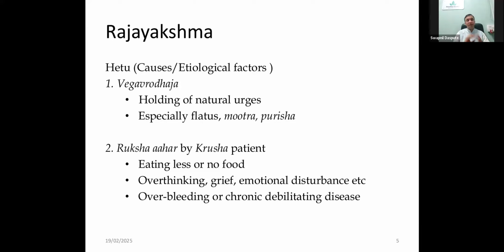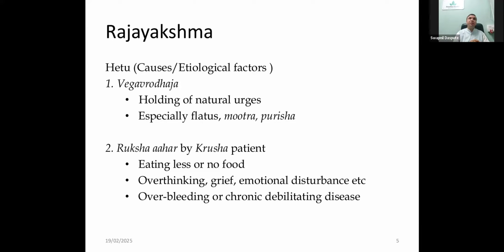Because, say, suppose an example, there is a disease of rasa dhatu. Think of any disease which is related to rasa dhatu, and if that is not treated for some time, then it will show symptoms of rakta dhatu vitiation or depletion also. Further, if it is not treated properly or not treated at all, then it will go to the next dhatu.